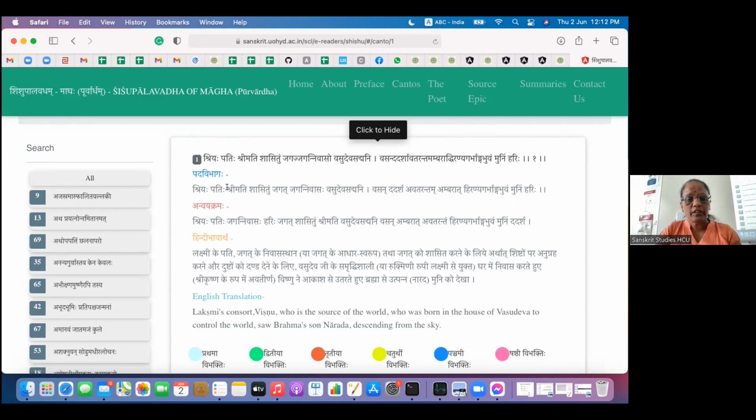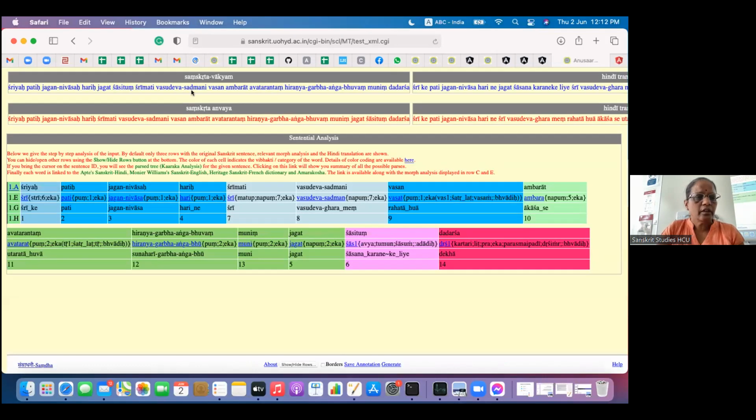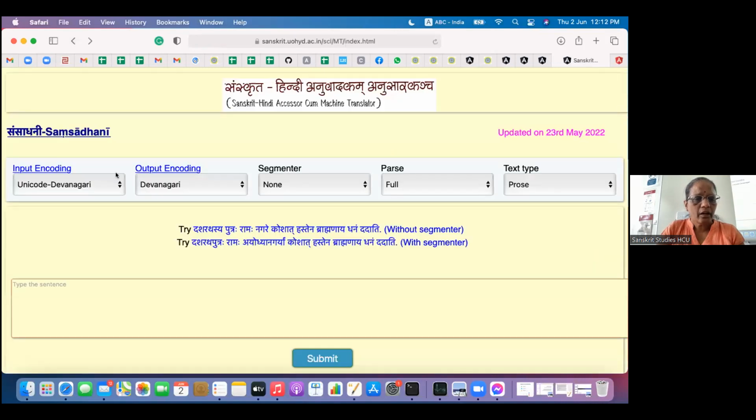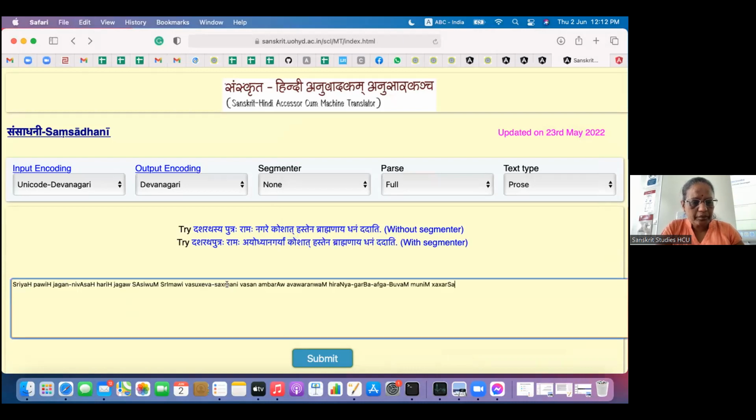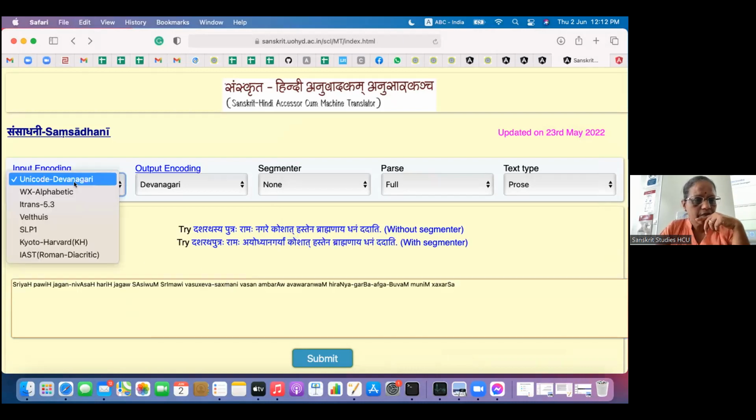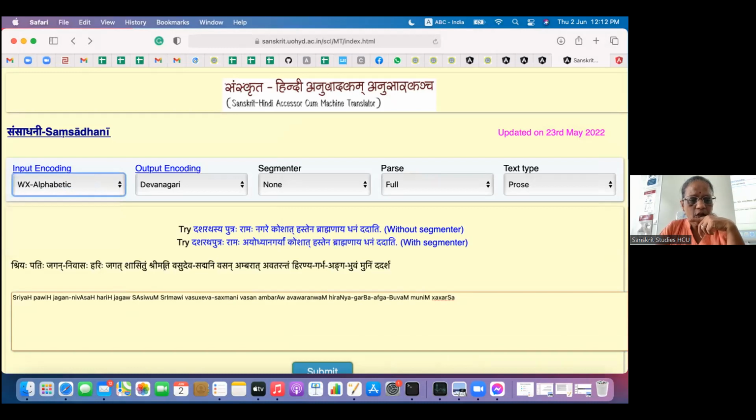But if I give the anvaya, that is the prose order of it, so here is the prose order of the same shloka, the same verse.